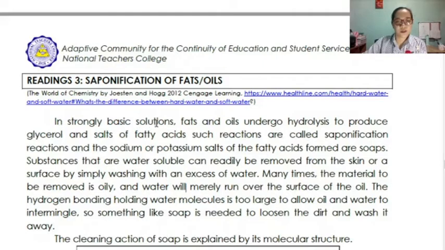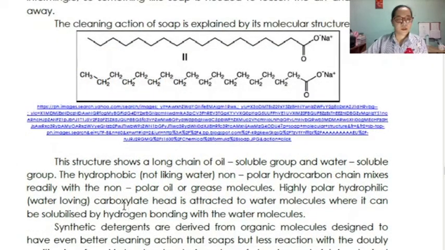In strongly basic solutions, fats and oils undergo hydrolysis to produce glycerol and salts of fatty acids. Such reactions are called saponification reactions. And this will be discussed in detail later. This structure shows a long chain of oil-soluble group and water-soluble group.